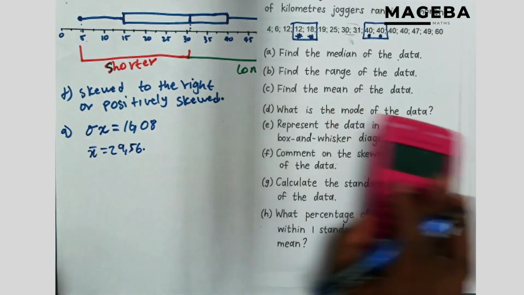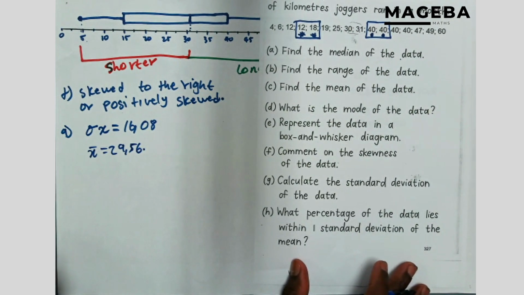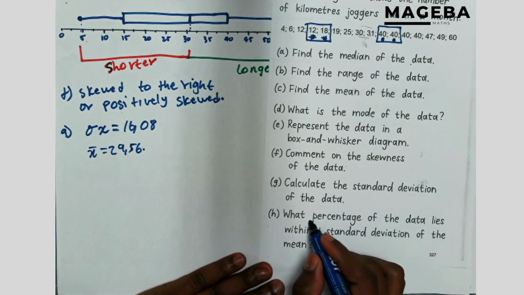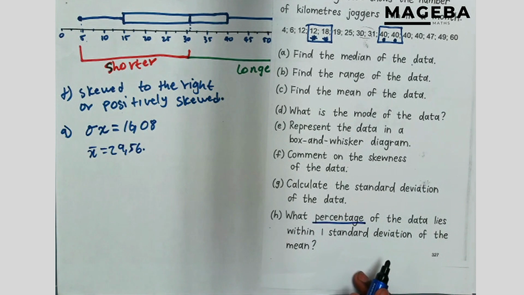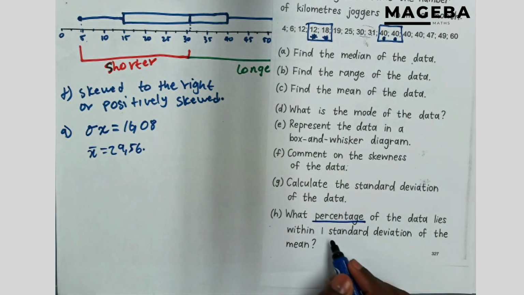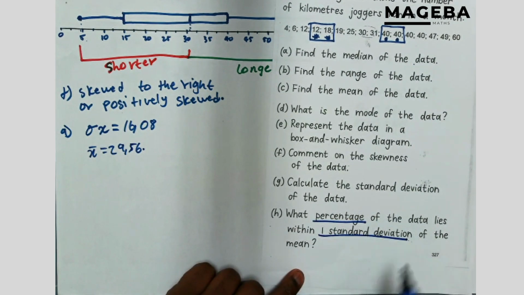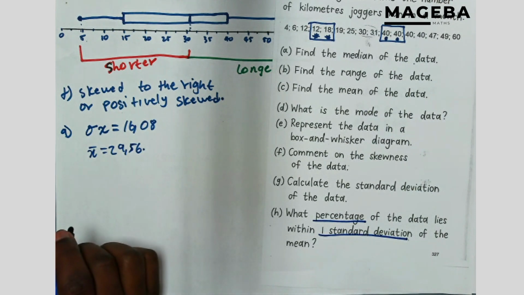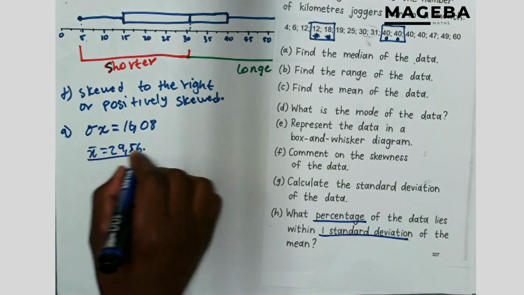And then now the last question here is saying, what percentage of the data lies within 1 standard deviation? Percentage, very important. Now we already have the mean, which is this.